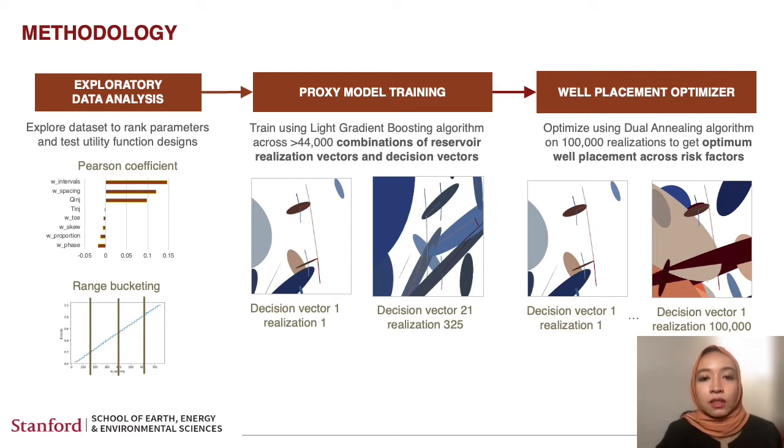Here we run each decision factor across hundreds and thousands of subsurface realizations so that our recommendation is able to capture uncertainty in the subsurface configurations.